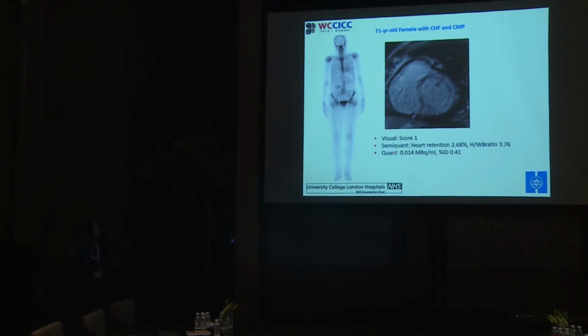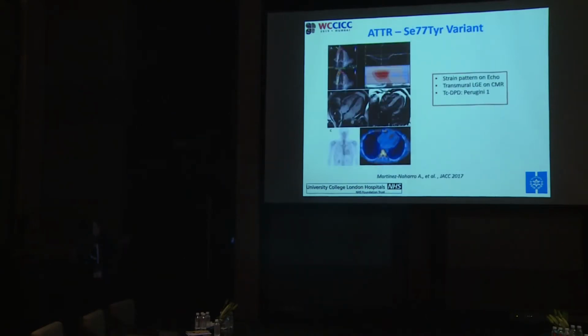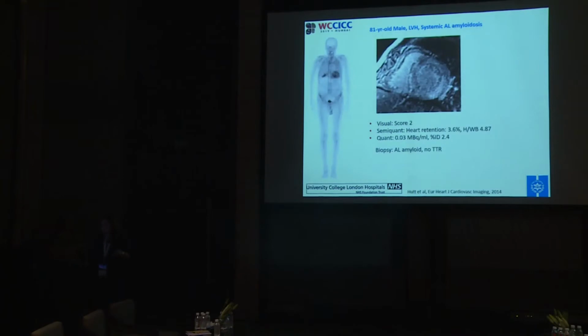However, we gave it a score 1, and this patient was diagnosed with familial TTR amyloidosis with this mutation, and interestingly in this work by the group from the Royal Free, they also present the same mutation with very low cardiac uptake. There is a strain pattern, there is transmural late gadolinium enhancement, and also very low cardiac uptake in the same mutation. So this is a TTR mutation with low cardiac uptake.